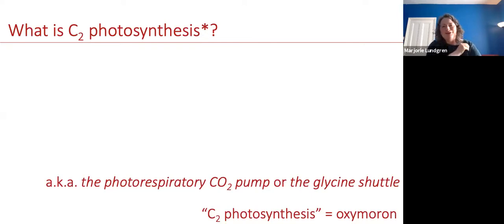I know that we probably need to rethink the terminology here, but I've adopted this from some previous researchers, like the Monson-Sage models. So I'm keeping it for now, but I realize that it can cause confusion. I'm going to clarify what specifically I mean when I talk about C2 photosynthesis in the next couple of slides.